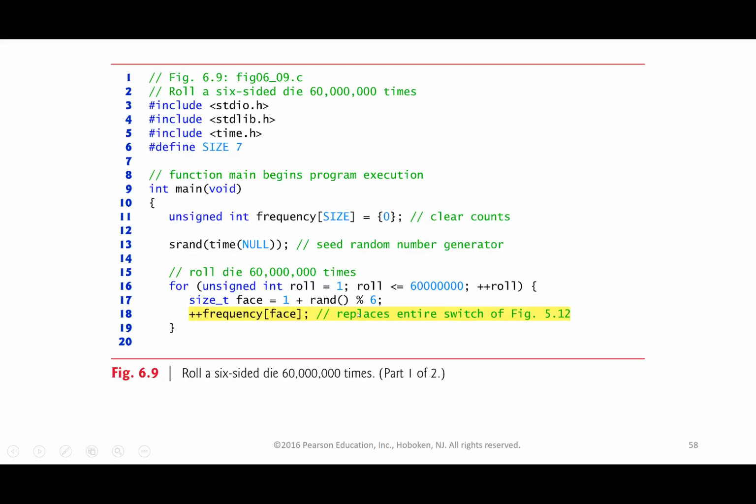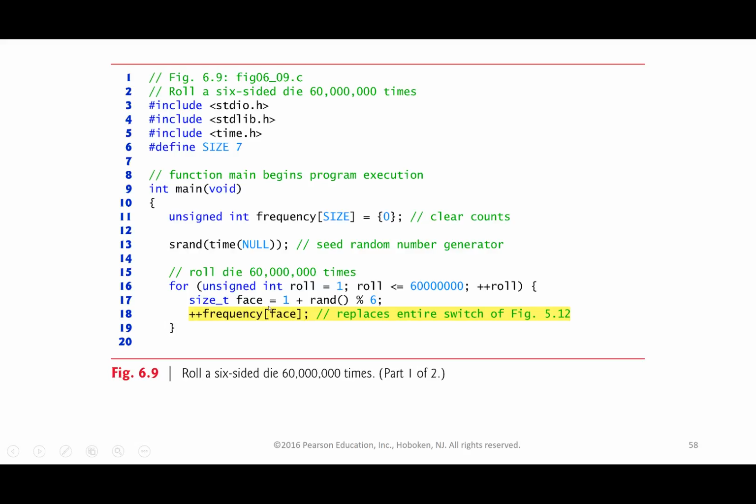We say that the value of our face is equal to 1 plus the random number, mod 6. So that gives me a value between 0 and 5. And I increment that frequency right there.